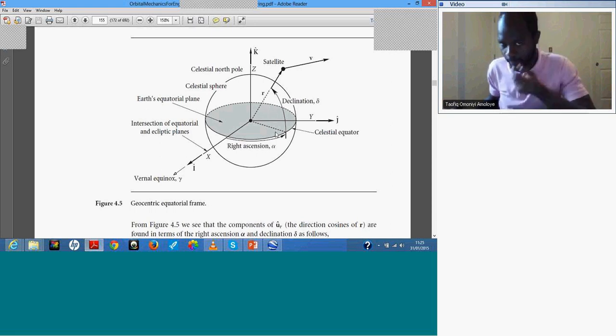So if we now want the component of UR in this plane, it is going to be cos delta.